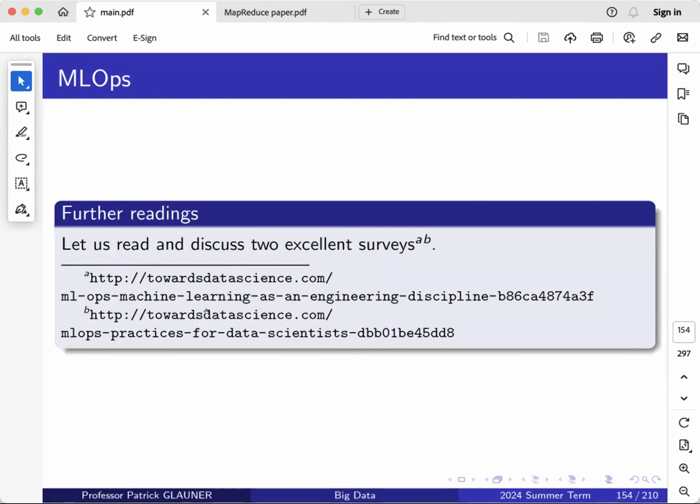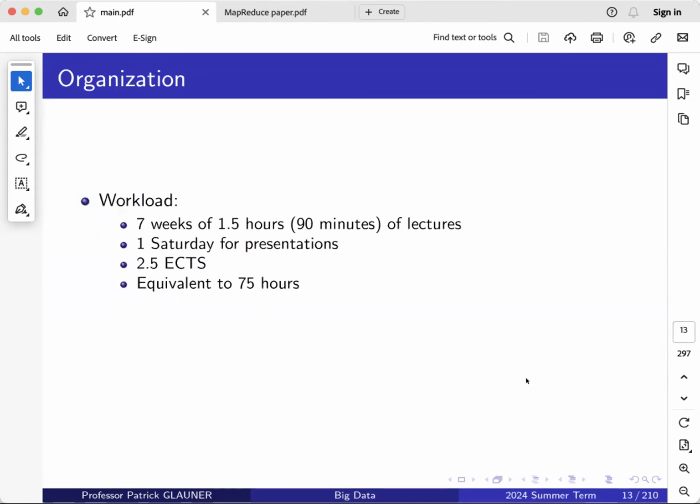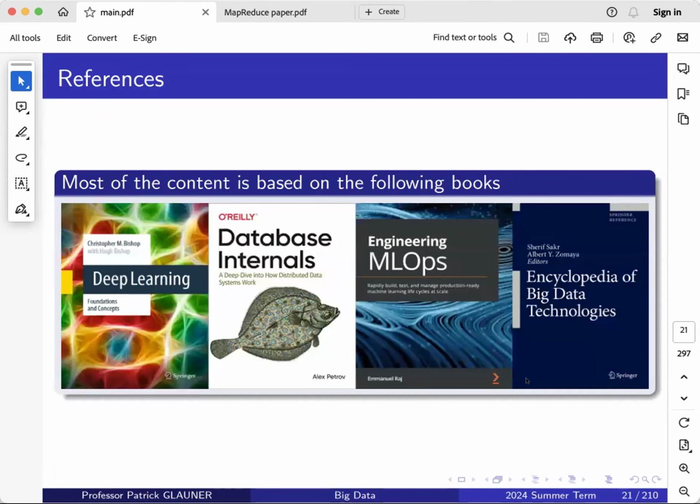Concretely, in Towards Data Science, I found 2 articles that describe MLOps quite well. If you go back to the beginning of the course, in the first week, we also discussed literature. There's another book here. It's called Engineering MLOps. It appeared with Packt like 3 years ago. I think it's a very good book that also describes MLOps well.